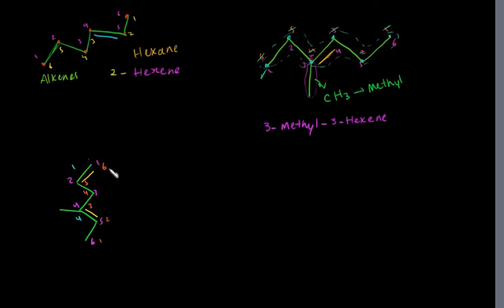This double bond is between 5 and 6, so we will take the lowest number, which is 5. And this is between 2 and 3, so we will take the lowest number, which is 2.